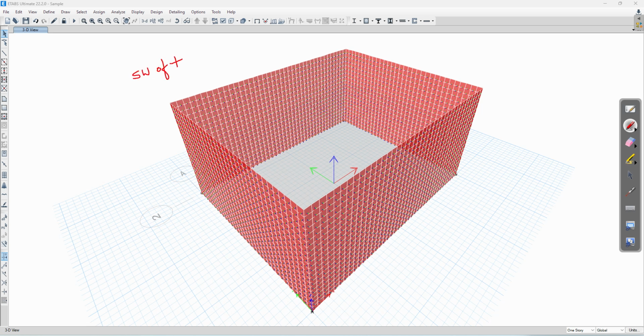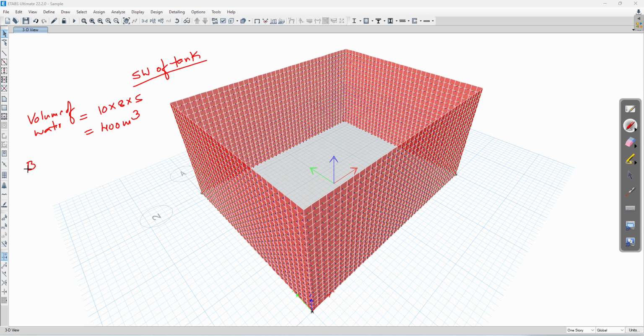First you need the volume of water. So volume of water is 10 into 8 into 5, so it is 400 meter cube. If you multiply the tank size, you will get the volume of water.